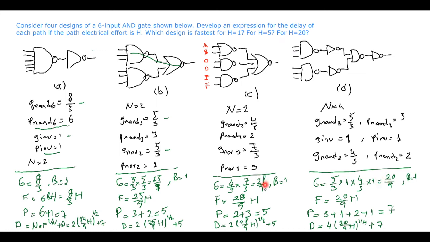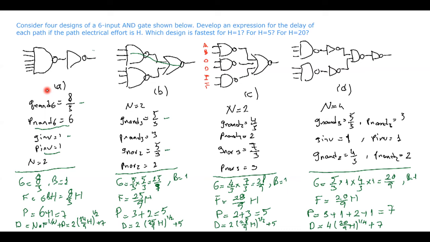The others are 28 over 9, 25 over 9, and 24 over 9. So this one has the least path logical effort, although it has a lot more stages than the other ones. But the parasitic effort, you can see that it's 7, and this is the same as the first implementation. Although it has 2 stages, you can see that using simpler gates, by increasing the number of stages, we can still maintain the same parasitic delay, the constant delay along our path.